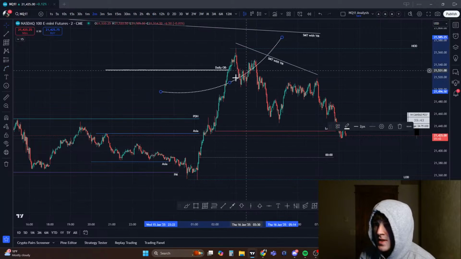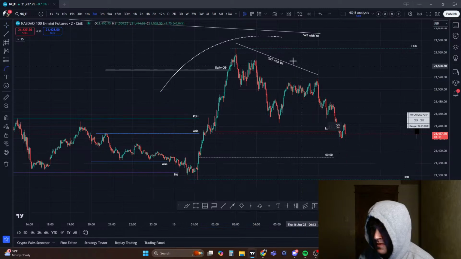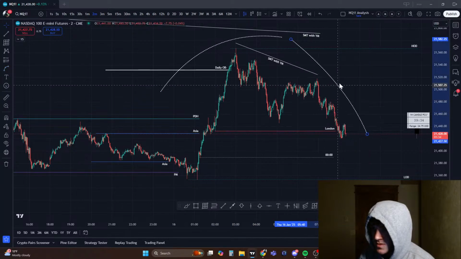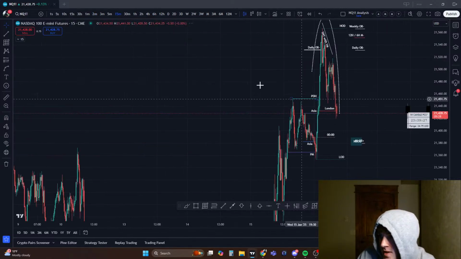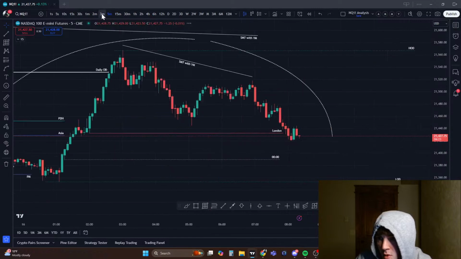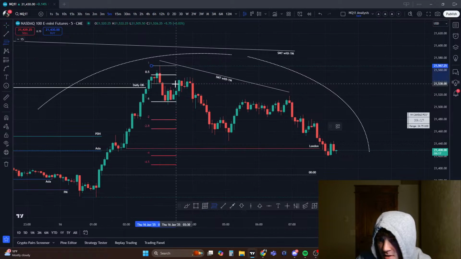I don't know what daily profile that would make this, but yeah. Measuring out standard deviations. Let's do standard deviations of this. This guy's a good one to do standard deviations on.